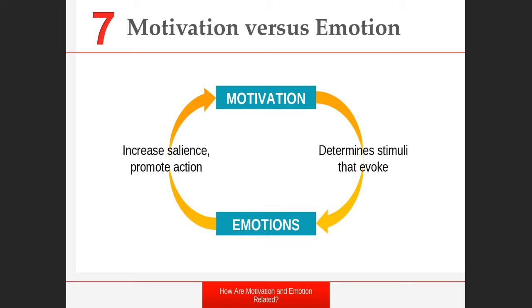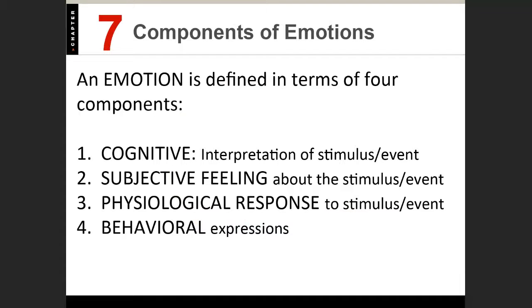So the second objective on the study guide for exam 2 is to explain the biological, social, and cognitive correlates of emotional expression and assessment. If you look at this slide, in order to understand what an emotion is, you have to understand it in terms of its 4 different components.